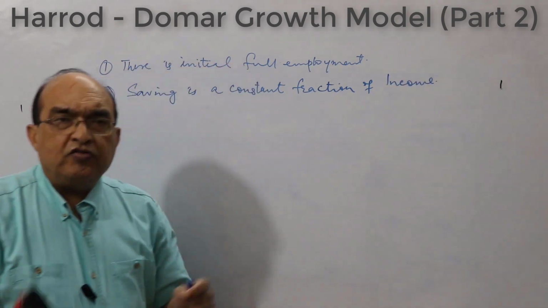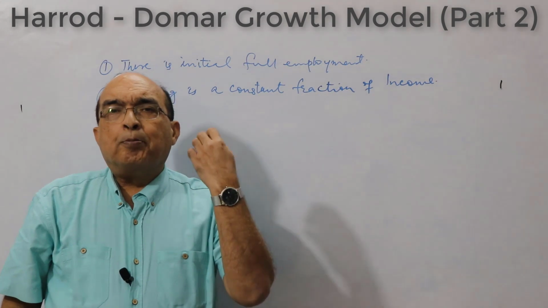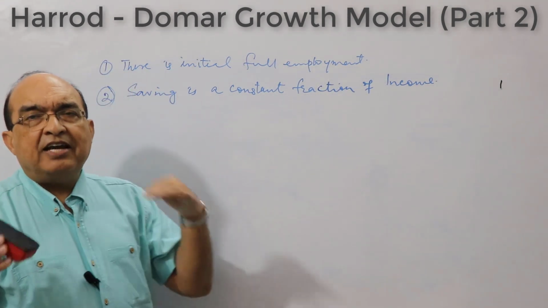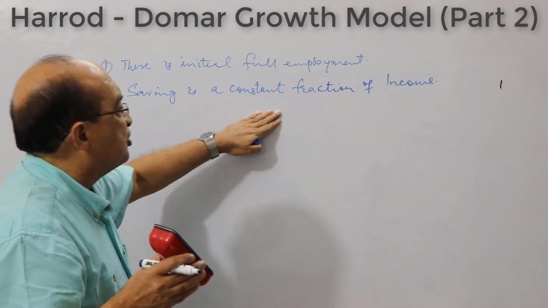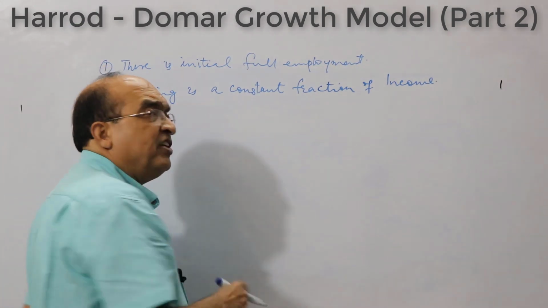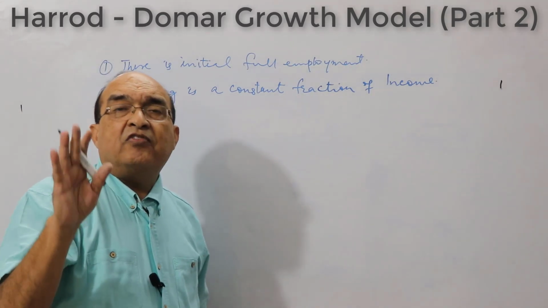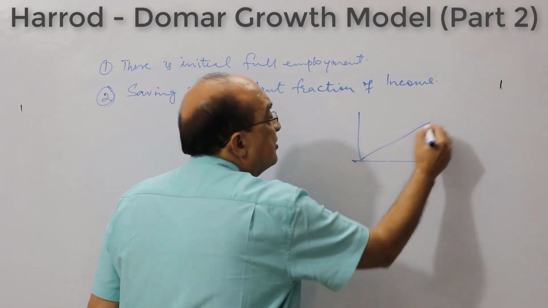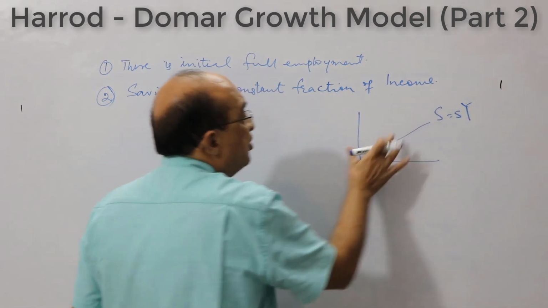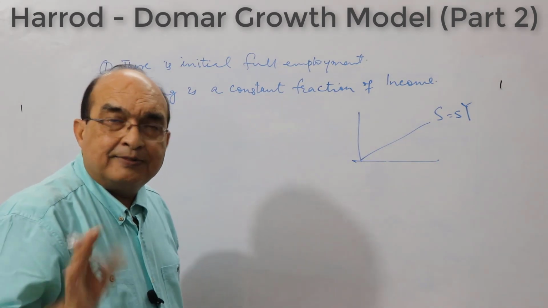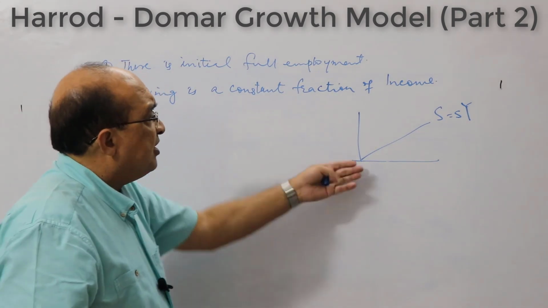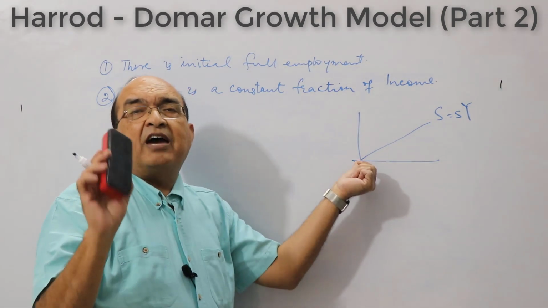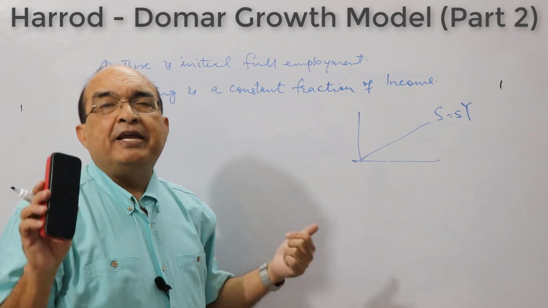That is, of the income, a fixed portion per period will be saved, and that will remain so. That will not change. That means the saving function will begin from the origin, as there is no intercept. And since the function is coming from the origin, marginal propensity to save and average propensity to save both will be the same.